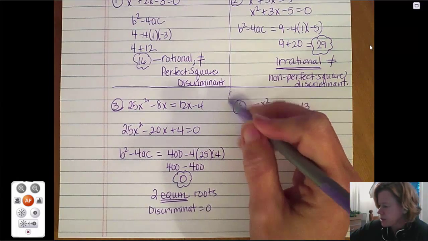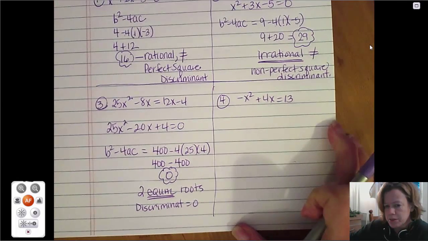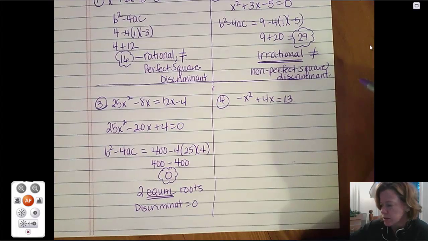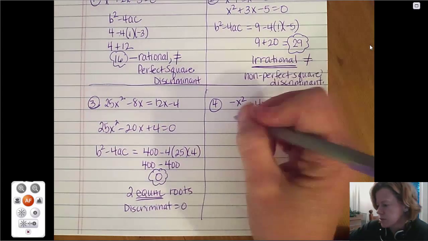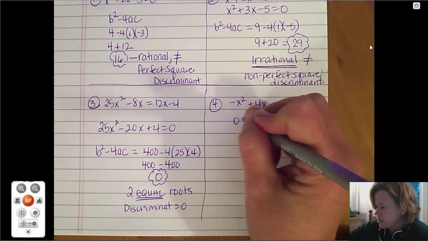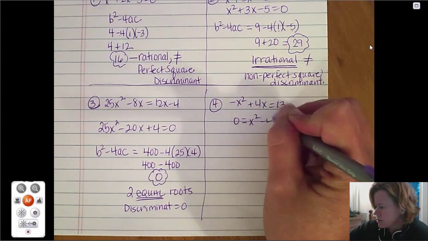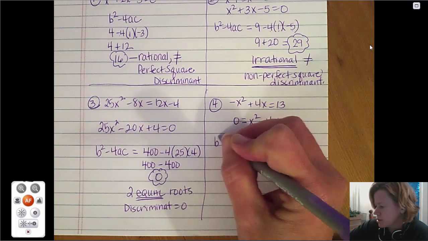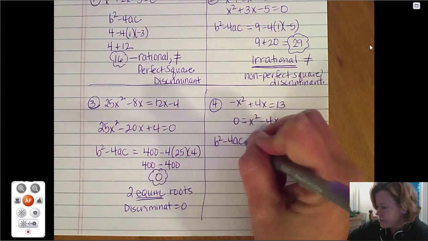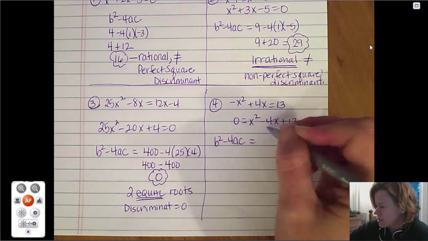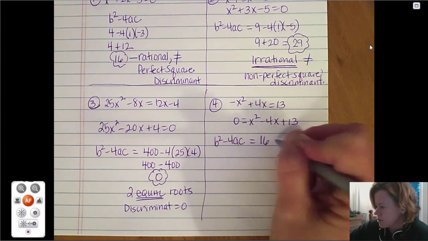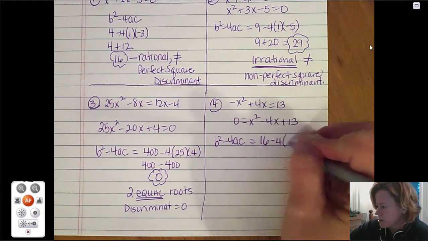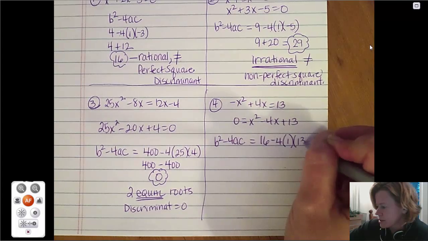And finally, the last problem we solved yesterday, negative x squared plus 4x equals 13. Again, we set that equal to 0. X squared minus 4x plus 13. When we evaluate the discriminant, b squared minus 4ac, we get negative 4 squared is 16 minus 4 times a was 1 times c was 13.